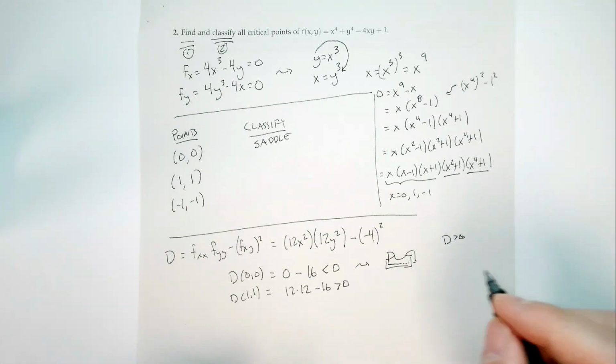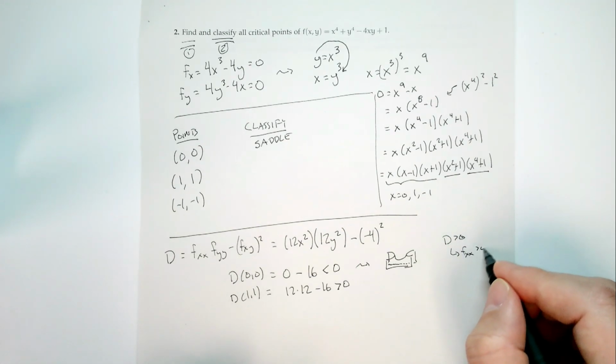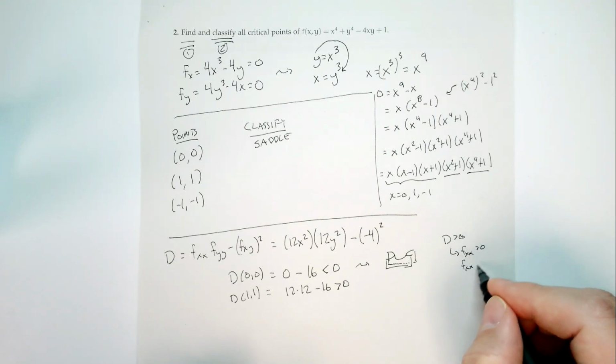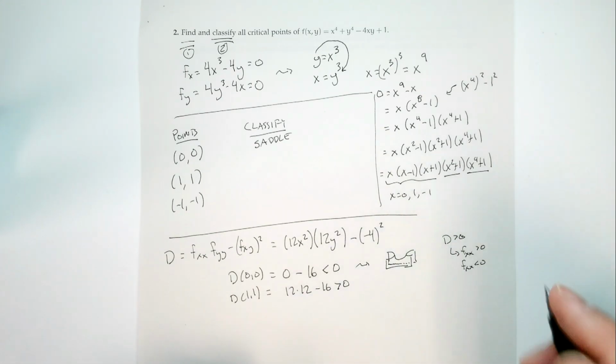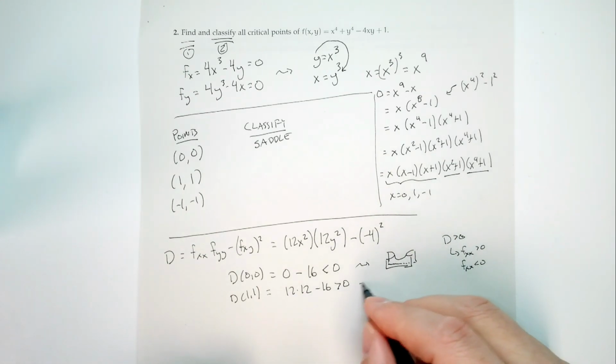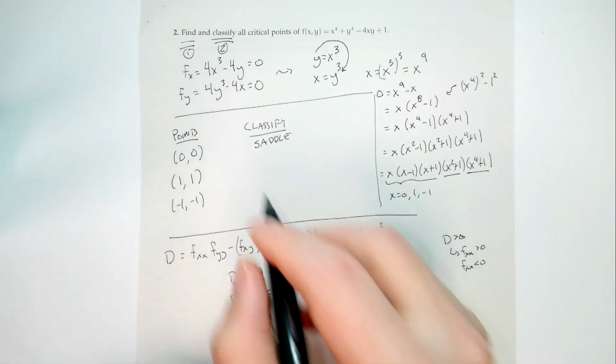It's a local min or max, then you run into what is f_xx? It's either positive or it's negative. And in our case, f_xx is positive. All right, so what does that mean? Well, if f_xx is positive, then that means we are at something that looks like this. It's a local min.